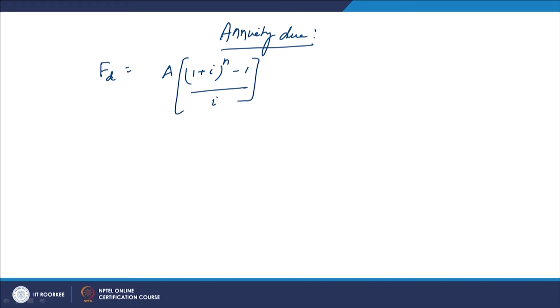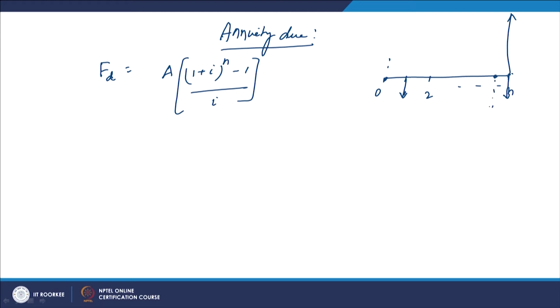Now, you have n payments and you are starting from the beginning itself. In the normal case you start the payment from here and go till here and then get the final amount here itself. Now, in this case you are starting from here and going up to here, so that in the end you will be getting the same amount.